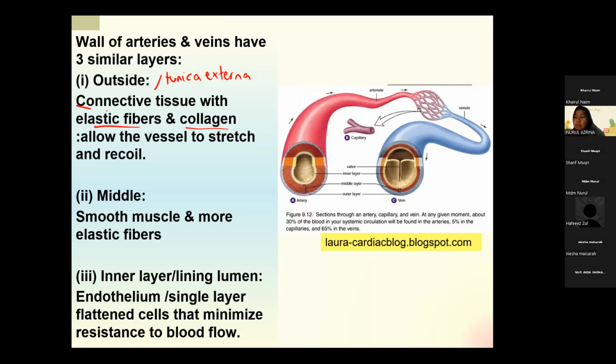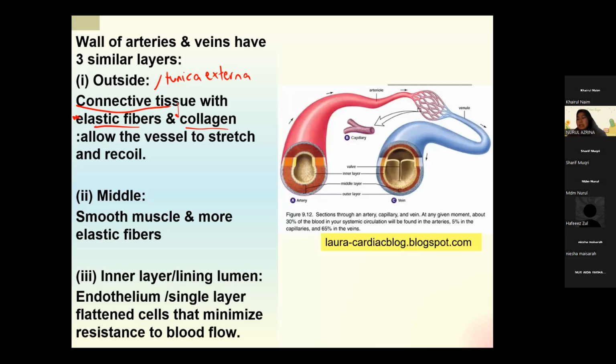This allows the vessel to stretch and recoil because of the elastic fiber. The collagen fiber basically provides strength.